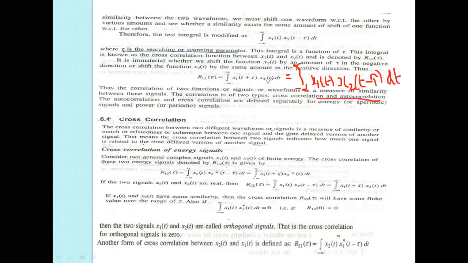What we are saying is that the second signal has to be shifted. Here I am shifting x1 of t by the amount of tau in the negative direction, or shifting function x2 of t by the same amount in the positive direction. This is the positive direction, students, the delayed function, and negative values mean towards the left side, and this is towards the right side. Both resultant values are the same.